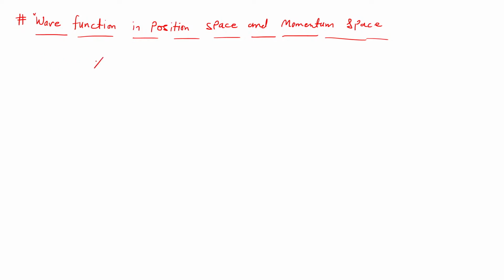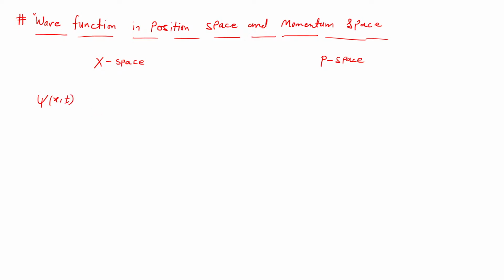So first we have position space. I'm writing it as x space and momentum space as p space. As you all know very well, a wave function needs a time dimension also.